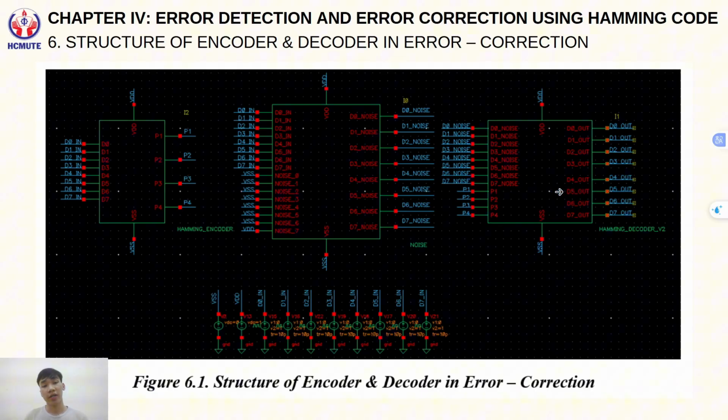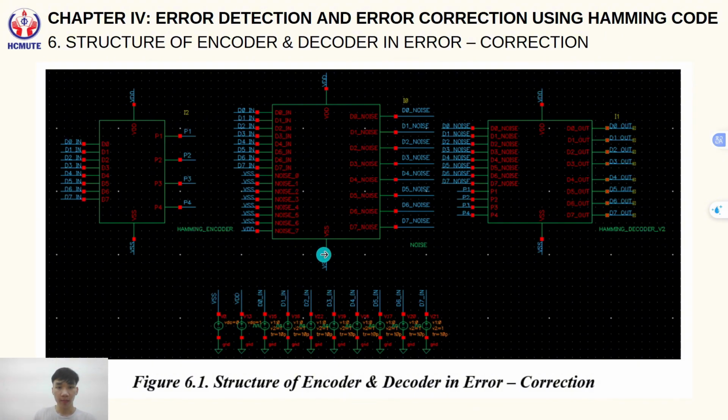And if the error occurs in a parity bit, it is ignored because it does not affect the data output. The final 8-bit output matches the original data at the encoder exactly, proving the successful single error correction.